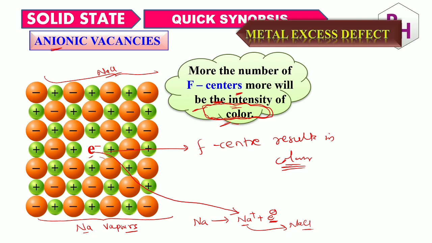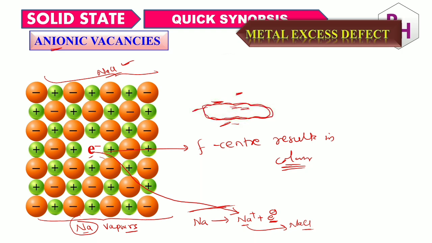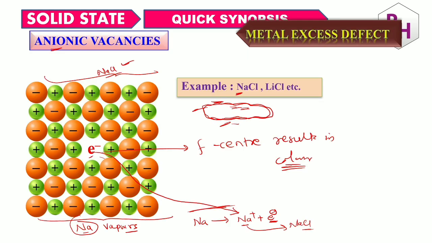NaCl is not colored normally, but when NaCl is heated in presence of sodium vapors, this particular mechanism happens. This anion vacancy is occupied by an electron, that is called the F center, and that F center results in color. Because of that, NaCl will be yellow in color, KCl will be violet in color, like that.